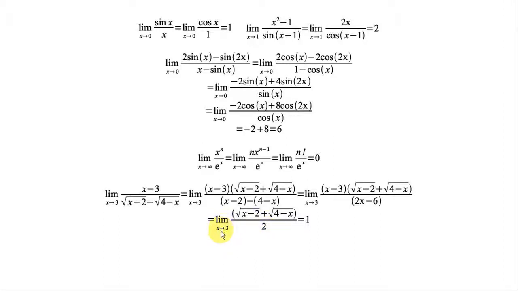And now if you look, see what you get when you say x equals 3 in this expression here. You get 3 minus 2 is 1, plus 4 minus 3 is 1, so that's 1 plus 1. You're going to end up with, when you take square roots, 2 divided by 2, so the answer is 1. So that's the limit.